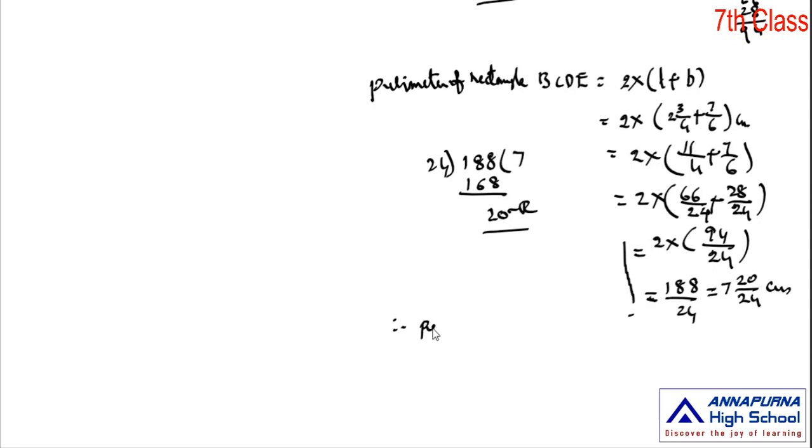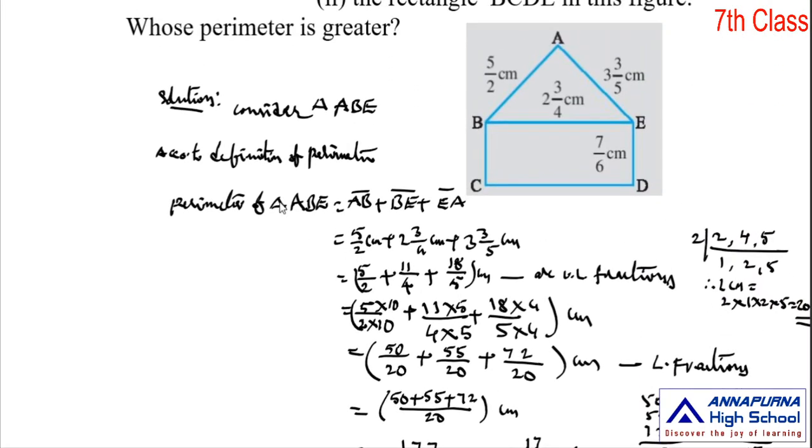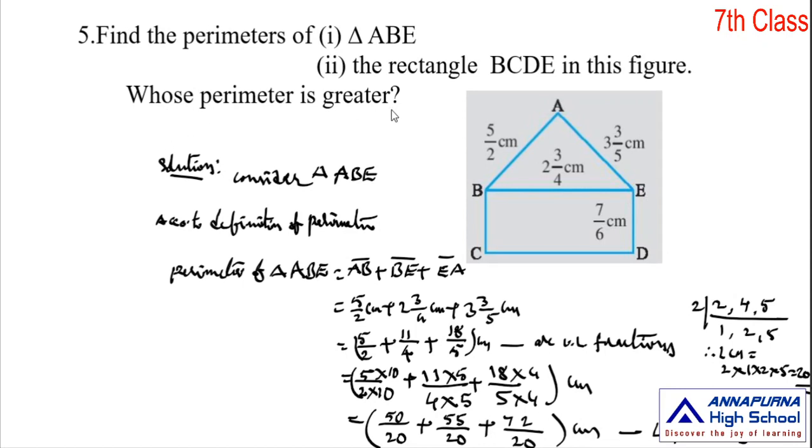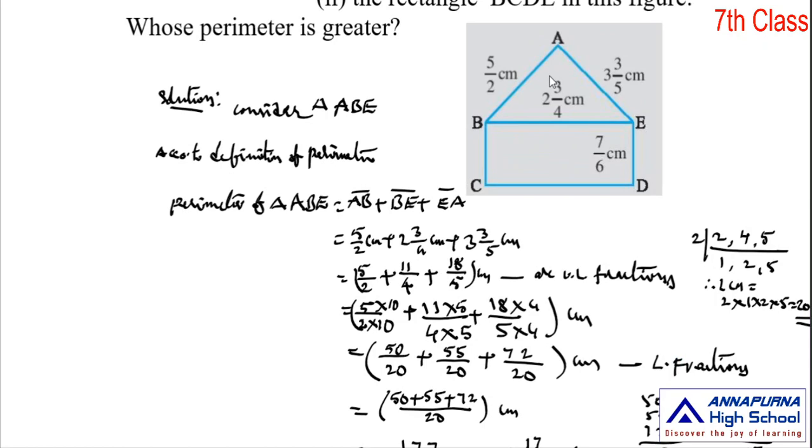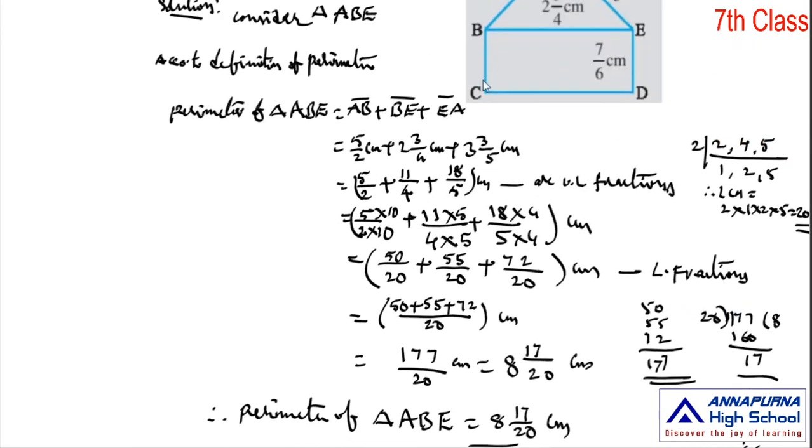Therefore the perimeter of rectangle BCDE is equal to 7 20 by 24 centimeters. So here the second question is whose perimeter is greater? The perimeter of the triangle or the perimeter of the rectangle?